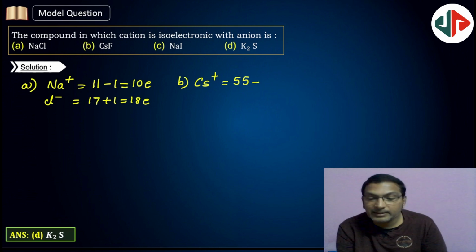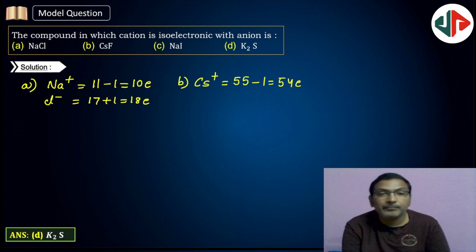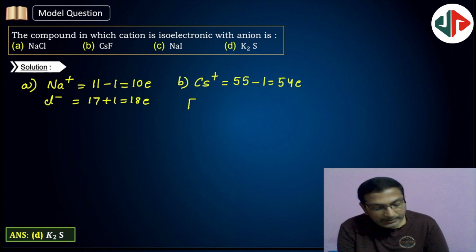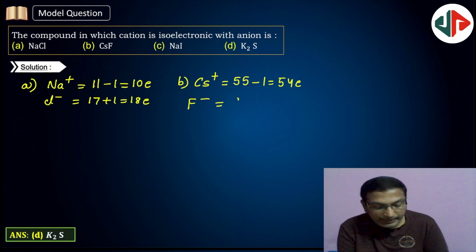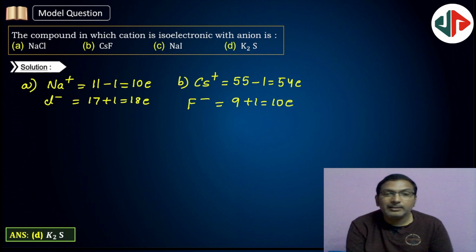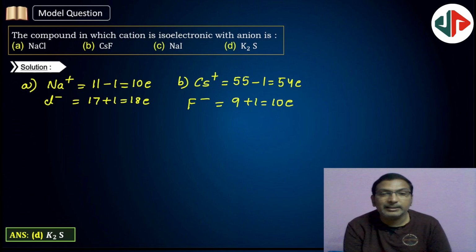Plus 1 means here take minus 1. Therefore 54 electrons. Next anion is F minus. F means atomic number 9. Minus 1 means take plus 1. 10 electrons. So these are also not isoelectronic. So Cs plus and F minus will be having different number of electrons.